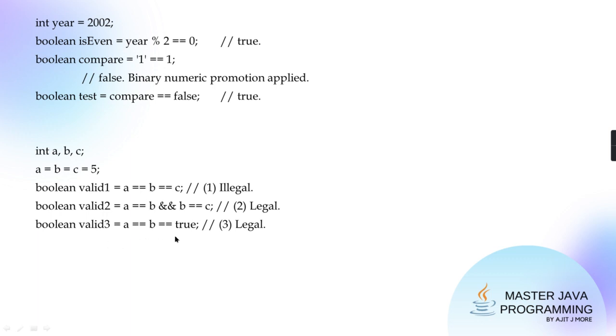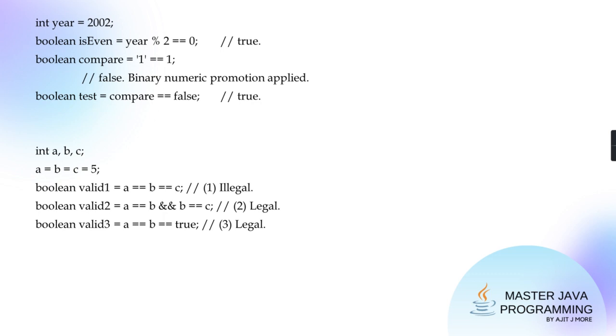Why did it work? Can you tell me? Because the result of A double equal to B is Boolean and true is Boolean. So now you are comparing Boolean and Boolean. Do you agree with me, guys? That's the reason the answer came legal. If you have doubts, please ask me.